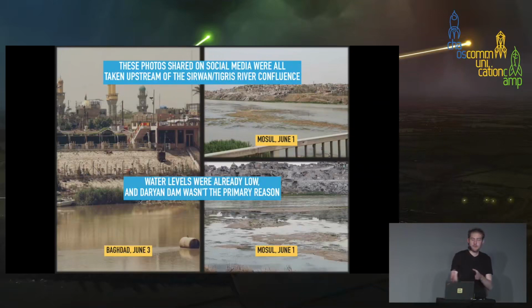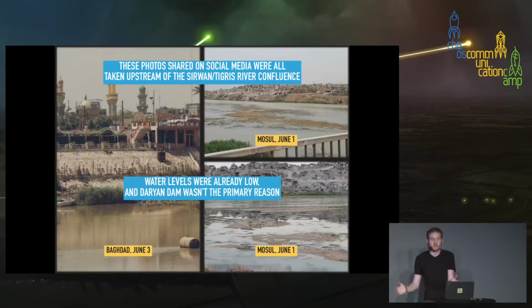So if the water was lower from the dam in Iran, it should not affect the water level in these pictures. However, the water level in them is all very low. So from this, we can say that the amount of water coming down the river was already low, and that even if this dam was shut off, the dam wasn't the primary cause of this particular crisis.